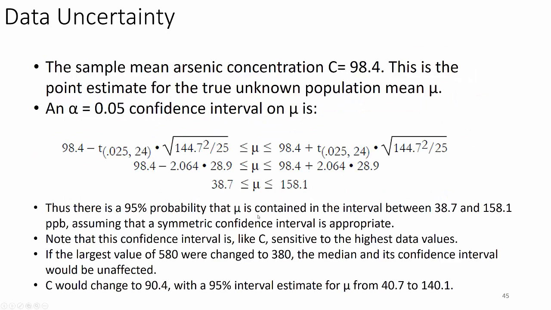The sample mean arsenic concentration for sample C equals 98.4. This is the point estimator for a true unknown population mean mu. With an alpha of 0.05, the confidence interval on mu is 98.4 minus the t value times the square root of its variance, which we know is 144.7, so the square root of s squared over 25 observations.